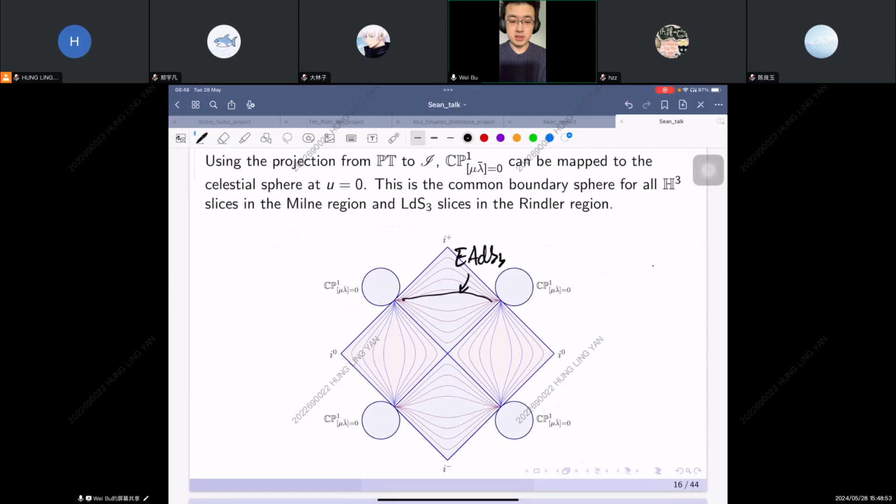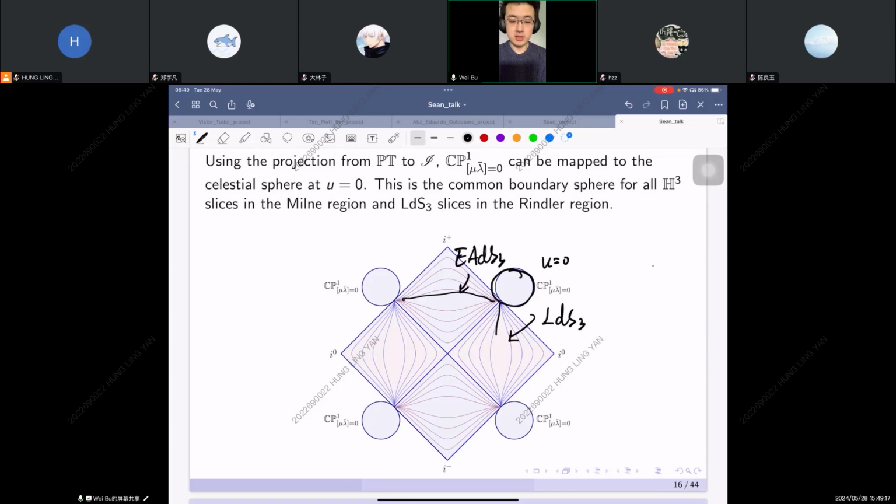Each and every one of these slices is Euclidean AdS3. In the Rindler region, or space-like region, you can do another slicing, just a different choice of coordinates, a matter of sign changes, and write these slices as Lorentzian de Sitter slices, and they have common boundaries.